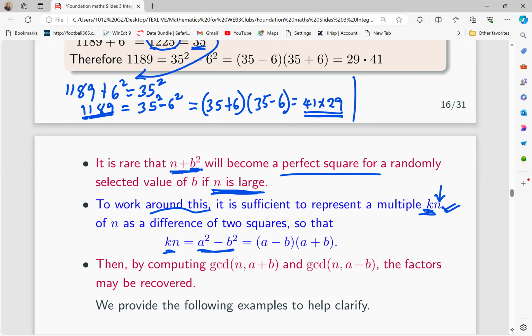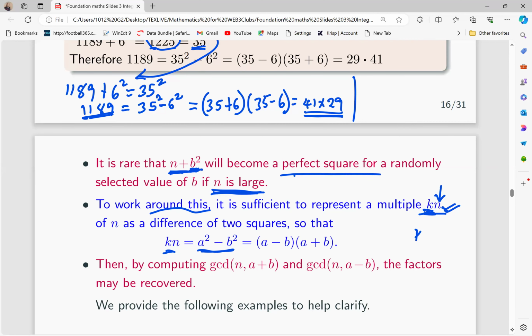Now, I think I should have refreshed the statement here, but I've said it's rare. What I meant is the steps will be many, or it will take long. So when you multiply by a bigger number, the steps reduce. I'll show you by examples. The steps reduce.